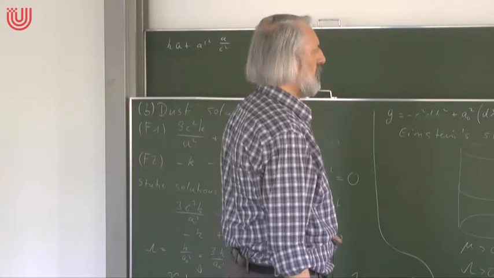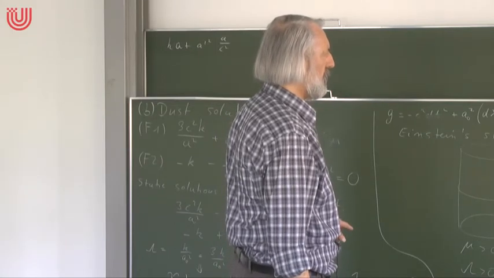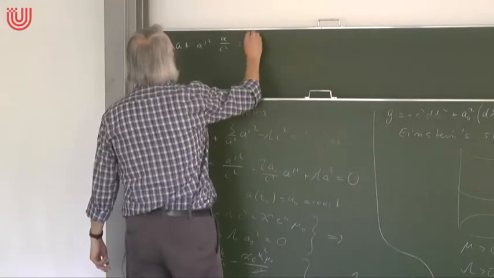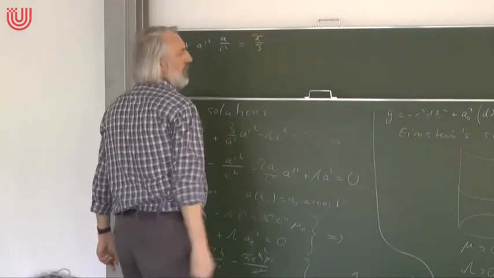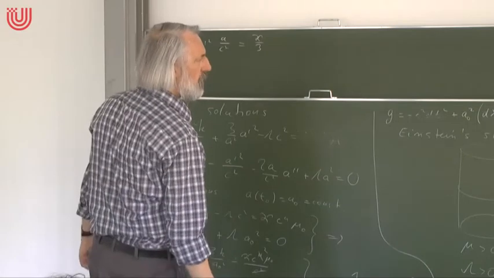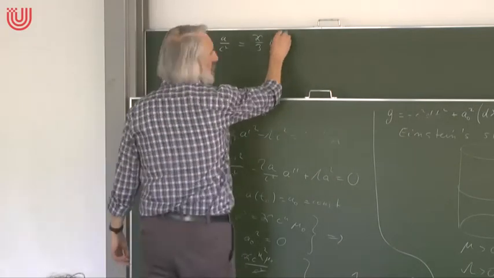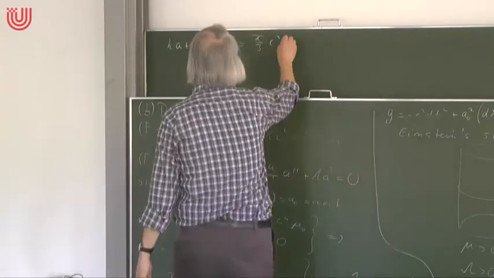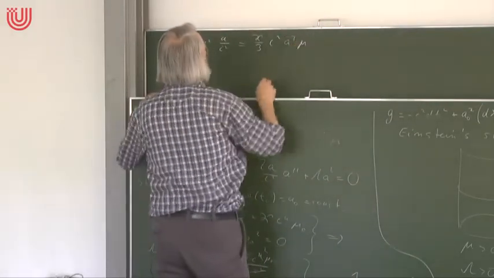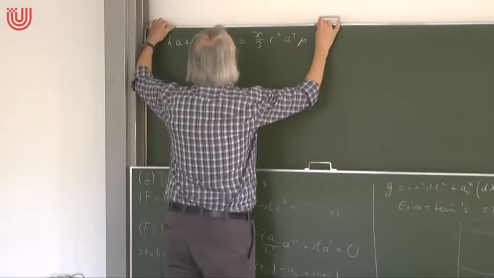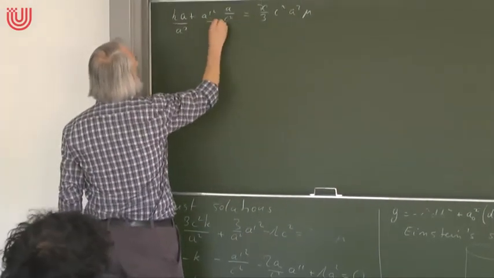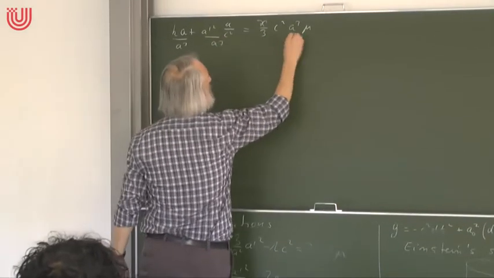We are considering the case lambda equals 0, so there's no lambda term, and on the right hand side I have kappa over 3 c squared A cubed mu. I leave the mu on the other side. Actually I want to solve for mu, so let's divide everything by A cubed.